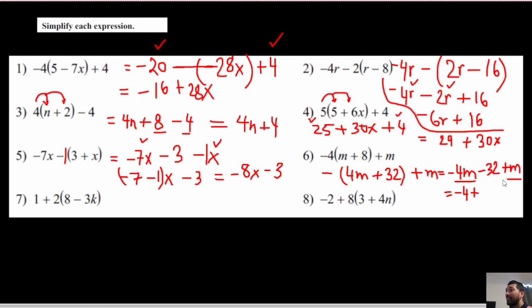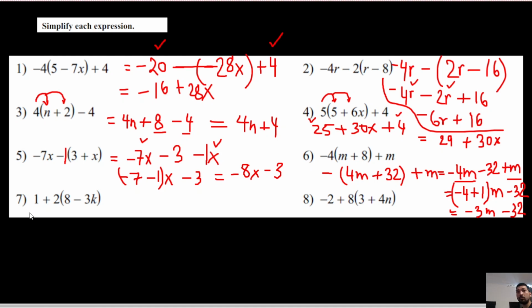Remember, any variable having nothing in front means it has a coefficient of 1. So negative 4 plus 1 m minus 32. So we have negative 3m minus 32.